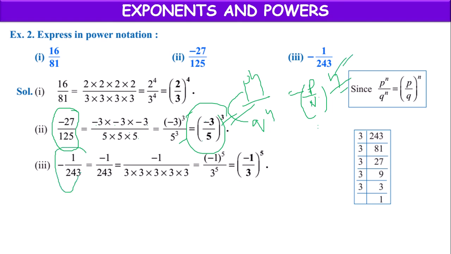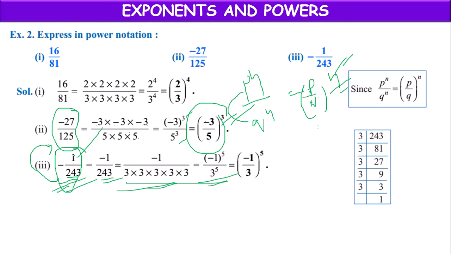So minus 1 by 243. But here minus 1, if it is raised to even power, it will become plus, odd power, it will become minus. So based on the denominator value, we have to write minus 1 in exponential form. So 243 can be written as 3 into 3 into 3 into 3 into 3, 3 power 5.